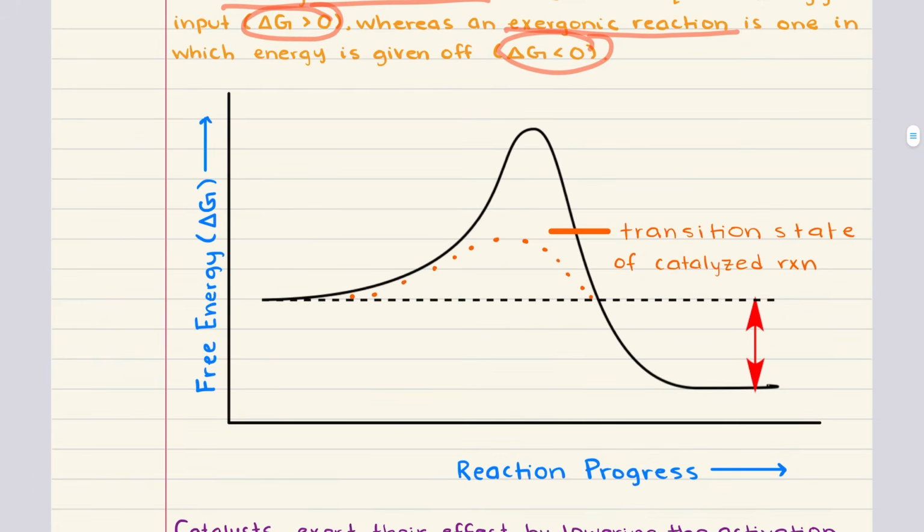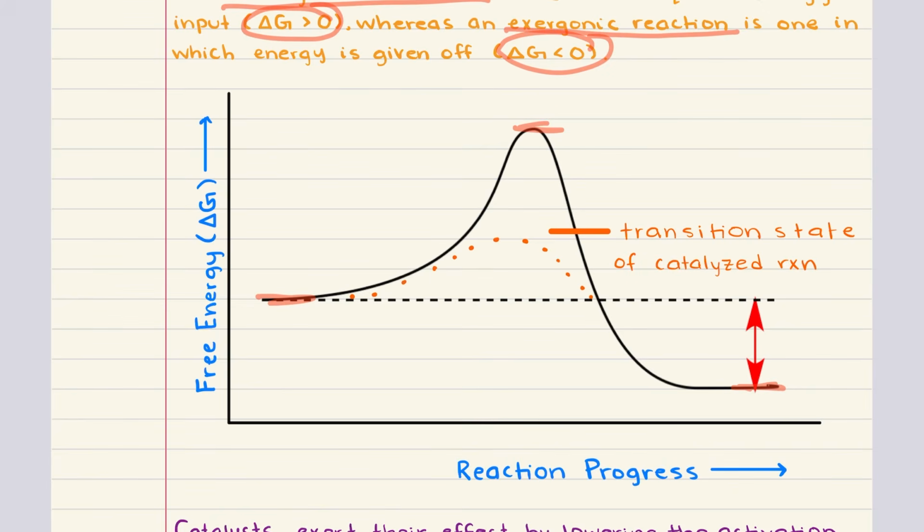Regardless of whether a reaction is endergonic or exergonic, there's still an activation barrier that has to be overcome. And that is the energy required to reach the transition state, which is the unstable high energy intermediate between the reactants and the products. If you look at this graph, the black curve represents the activation energy of the uncatalyzed reaction.